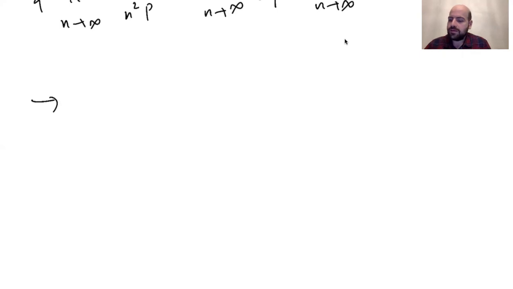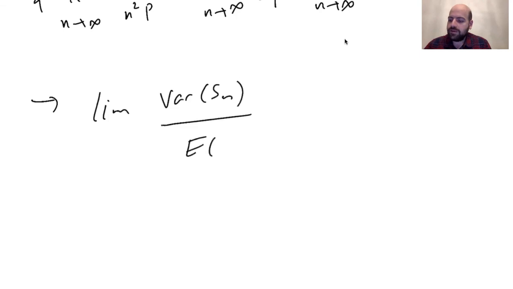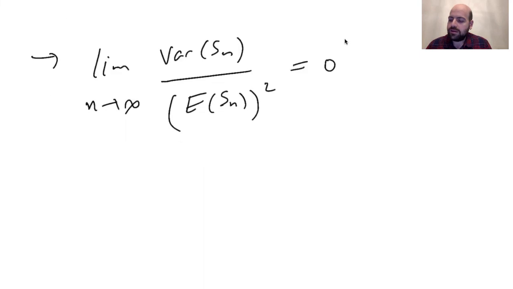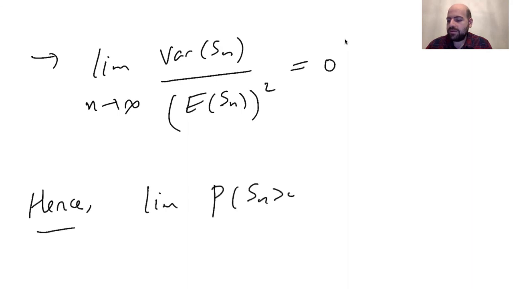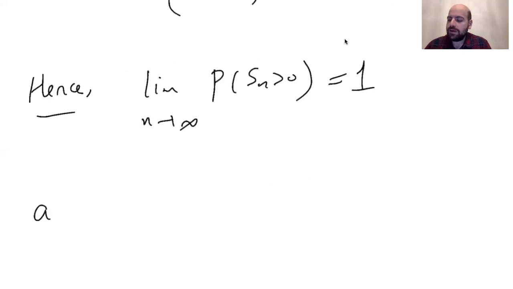This means limit of variance Sn over expected value Sn squared as n goes to infinity is 0. And that means limit of P of Sn bigger than 0 is 1 as n goes to infinity, as desired.